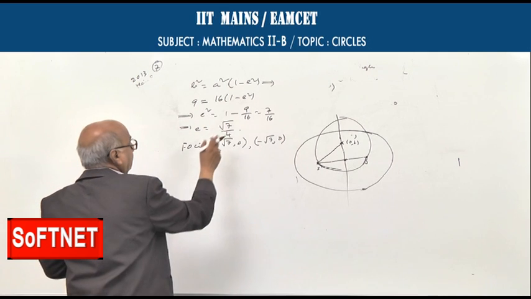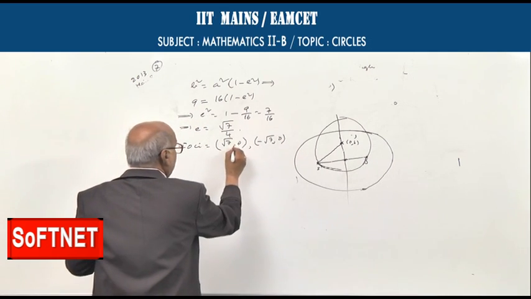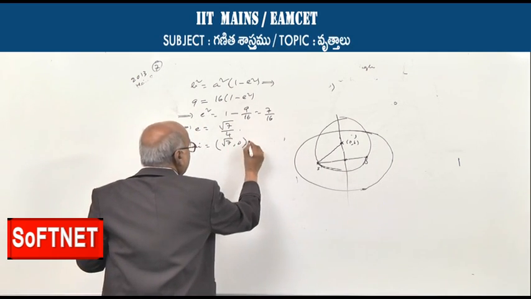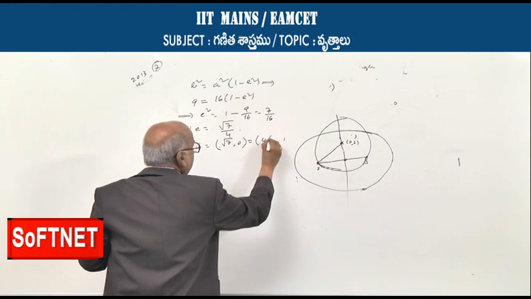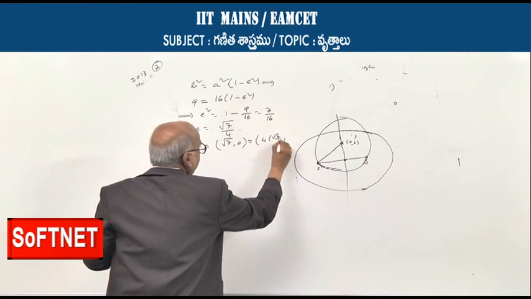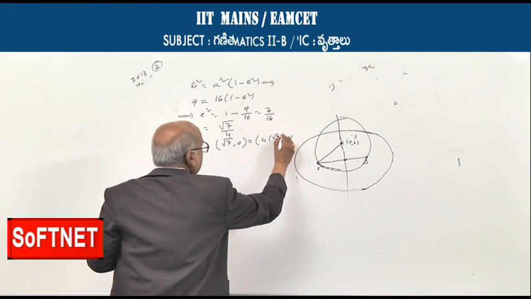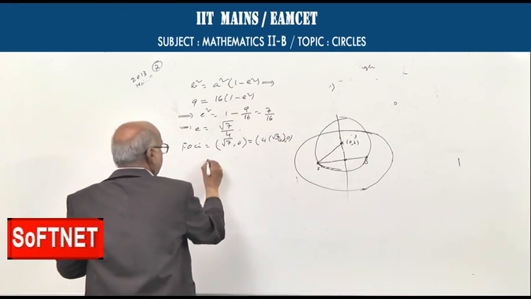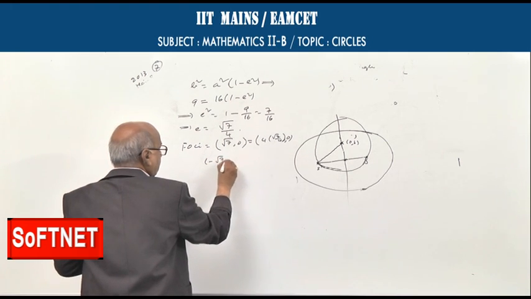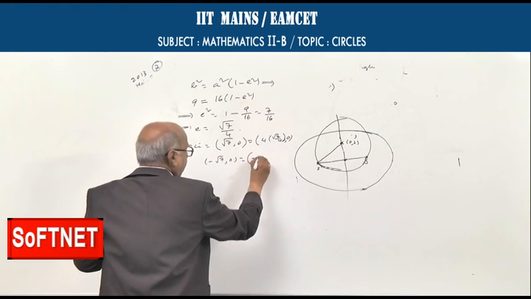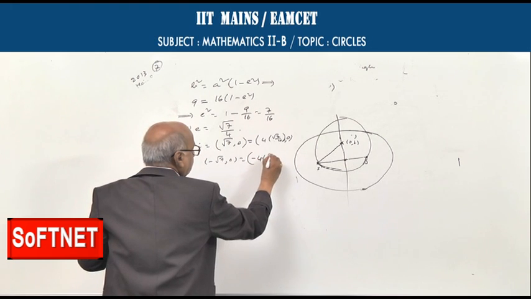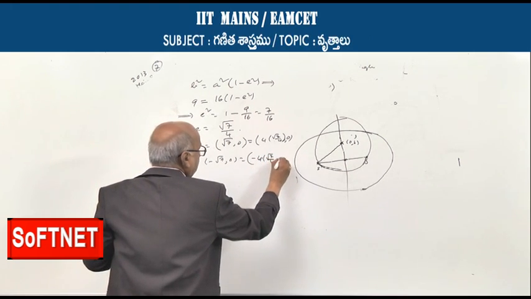If you want, I will write this as 4 into root 7 by 4 comma 0, and minus root 7, 0, which is nothing but minus 4 into root 7 by 4 comma 0.